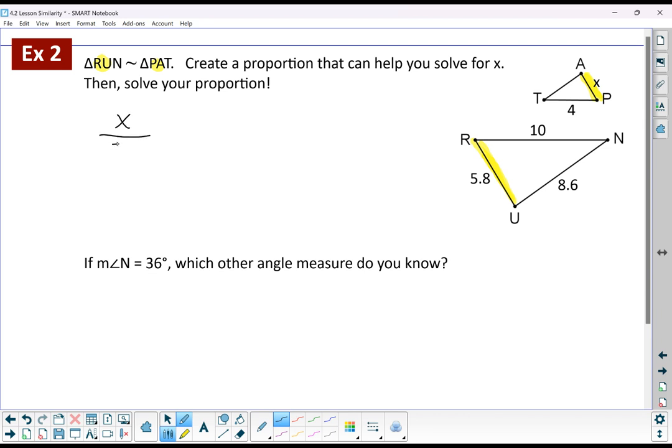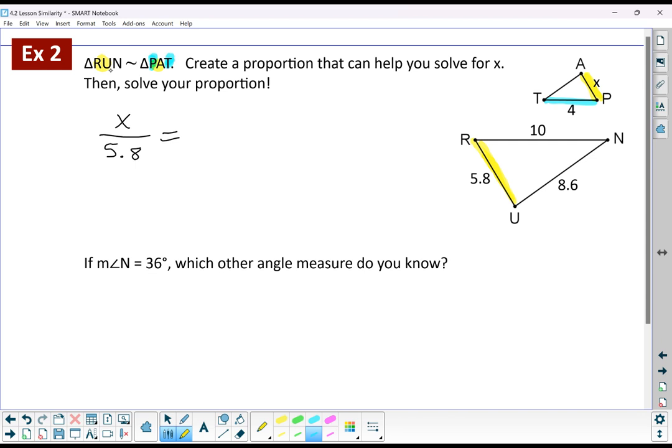So we have x divided by 5.8 for our first fraction, and we know that has to equal the ratio of two other corresponding sides. So the only other side in this triangle I have is this one, 4. Well, 4 connects the P and the T. That's the first and the last letter.